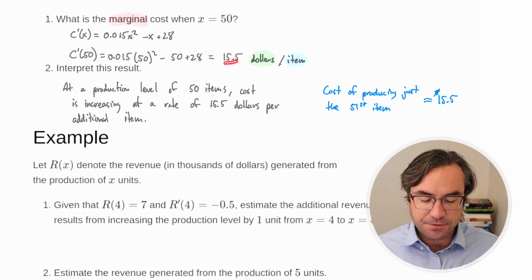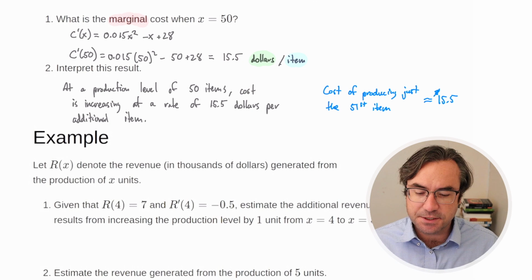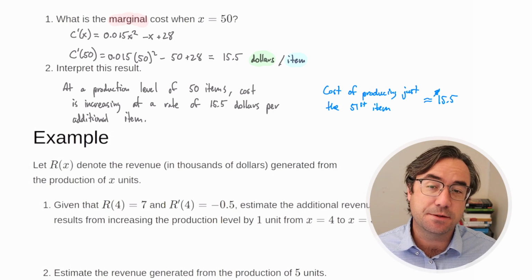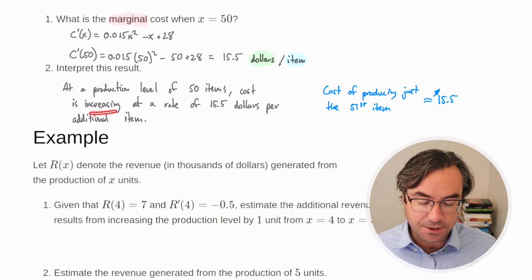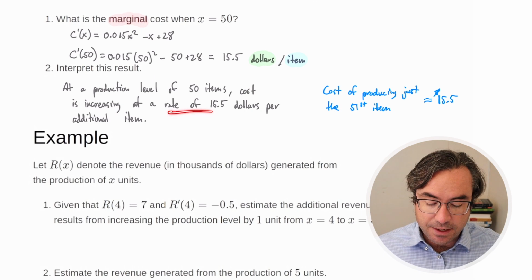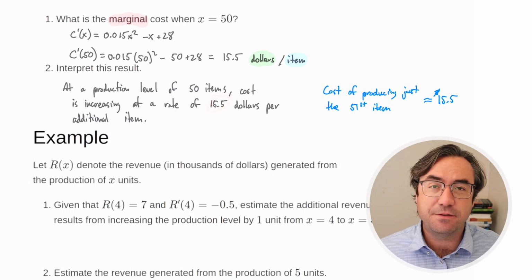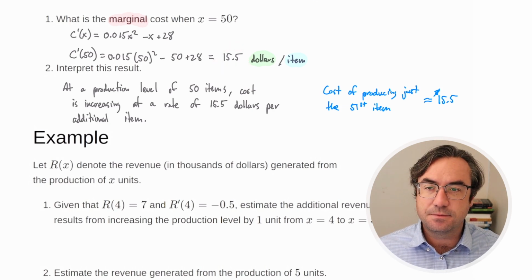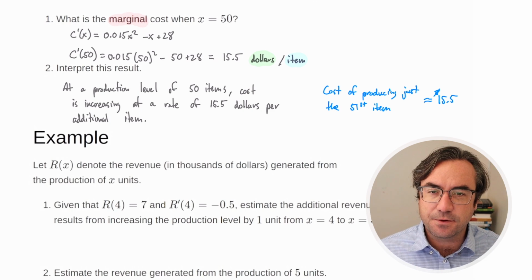So you can think of this 15.5. One, it's telling us at this current production level, is the cost increasing or decreasing? So in this case, it was increasing. It's telling us the rate at which it's increasing, so $15.5 per additional item. But we can also interpret this slightly differently.